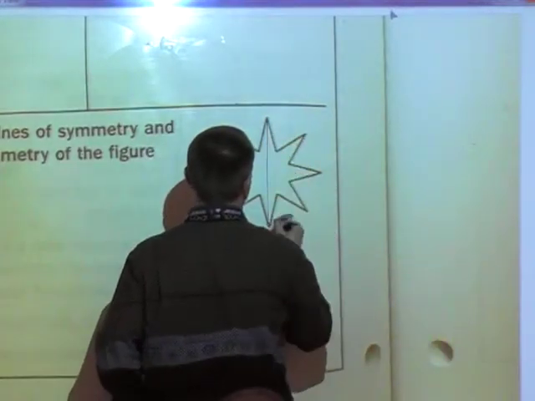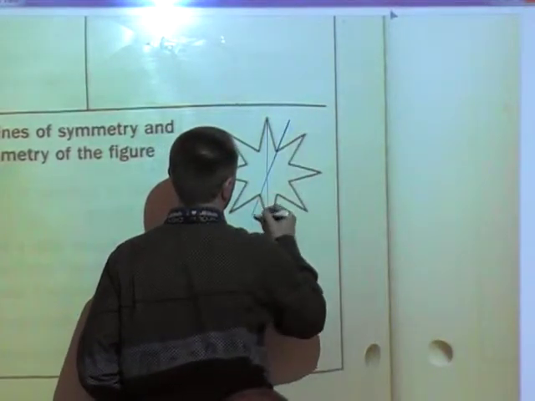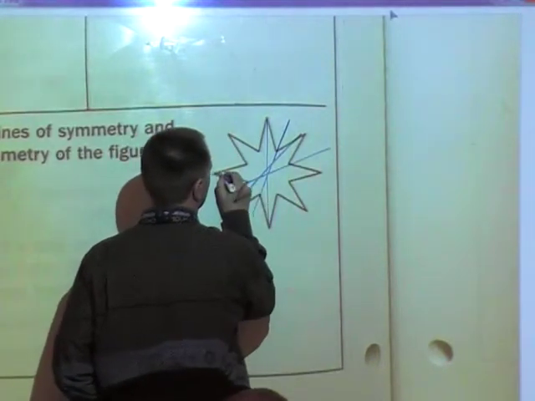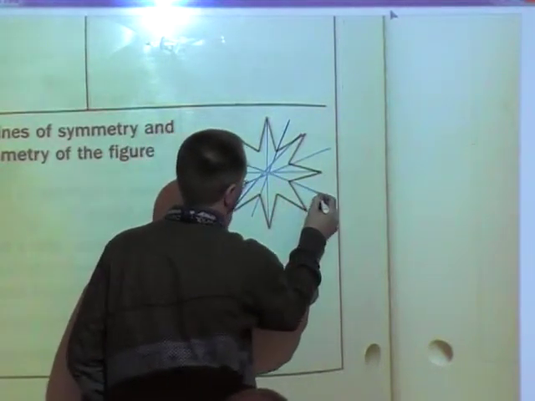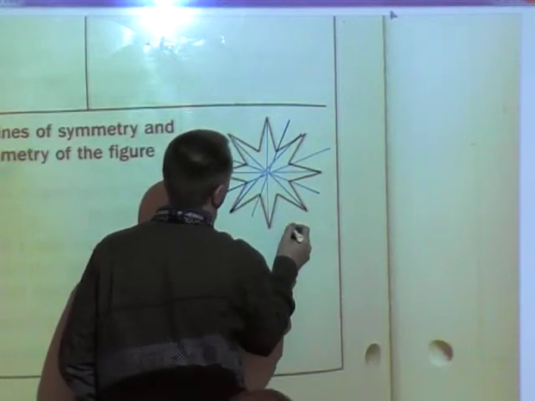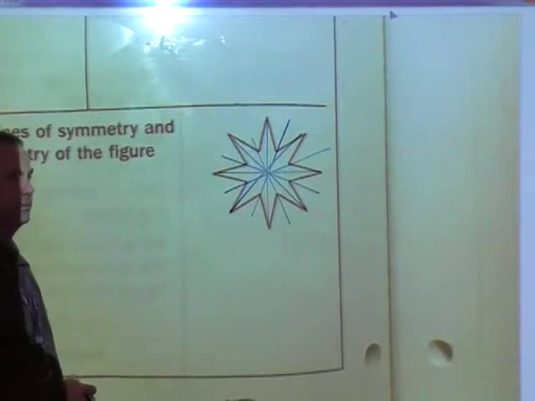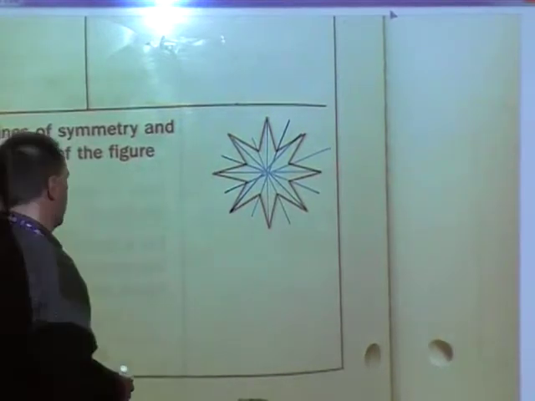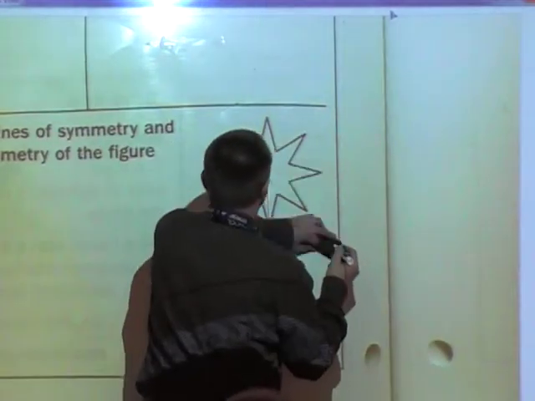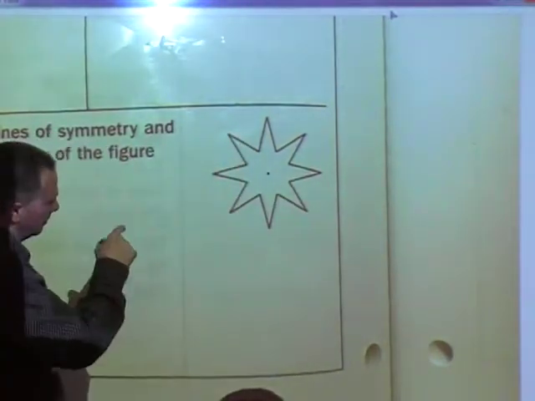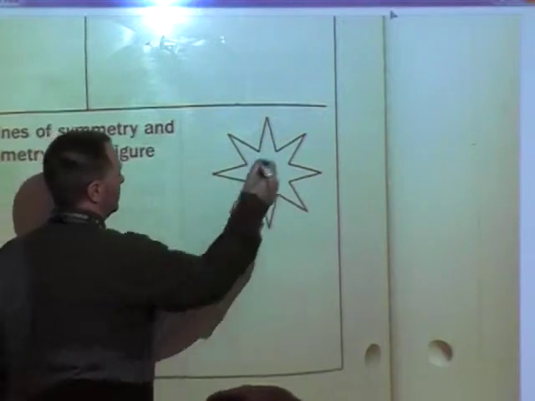There's 1, 2, 3, 4, 5, 6, 7, 8. 8 lines of symmetry. Point of rotation pretty much right in the center. We're assuming this is all the segments and everything are equal.